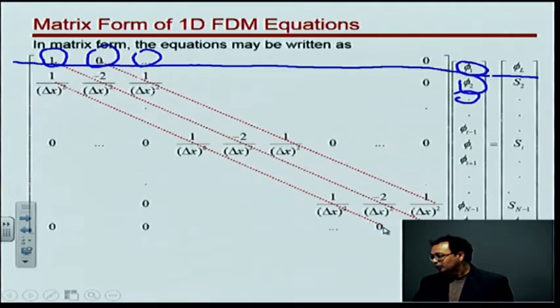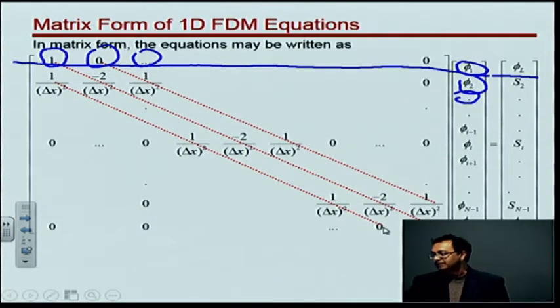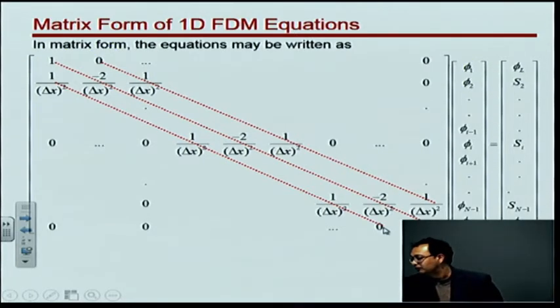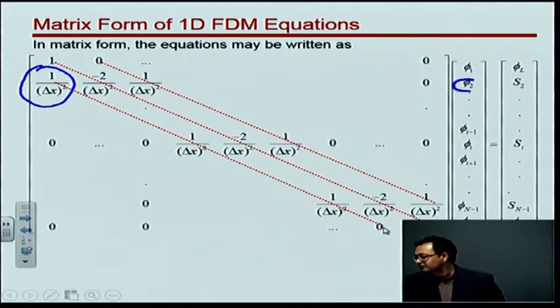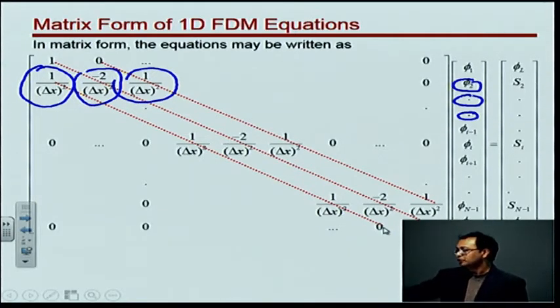All right, so that's the first row. You look at any of the other rows, basically what you have, for example, for the second row, you're going to have this times phi2 plus this times phi3 plus this times phi4 is equal to S2.